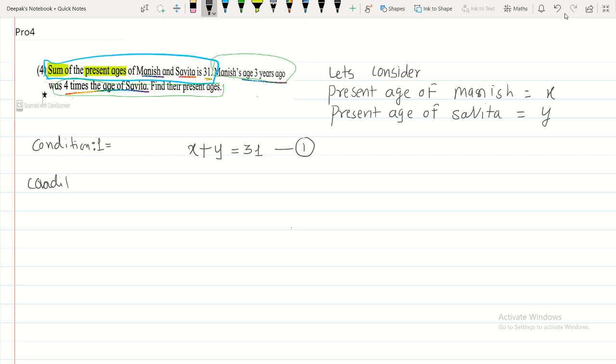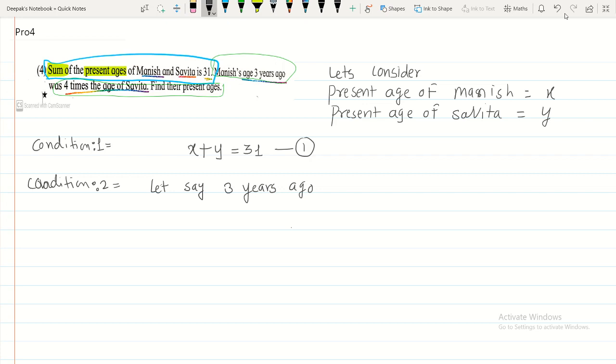Now condition 2, right? In condition 2, they give you 3 years ago. 3 years ago means we need to subtract 3 from their present ages.